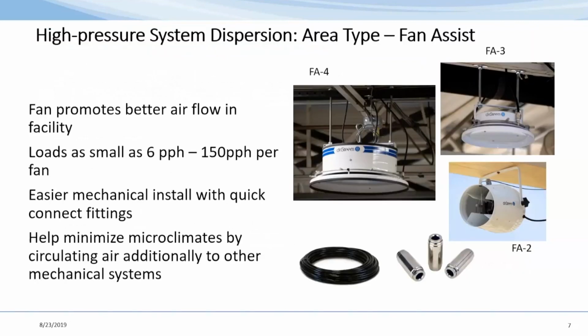One of the newer pieces to DriSteem and really beneficial for commercial indoor agriculture is this fan assist offering. This fan assist offering helps humidification in many applications, but it promotes better air movement.